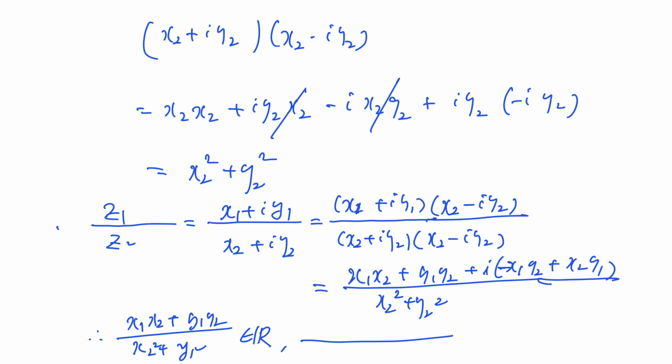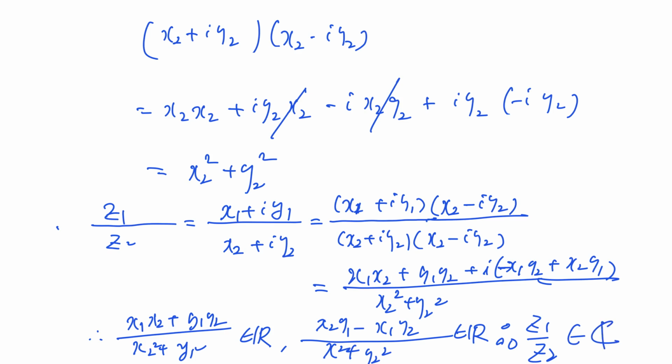And (x2 y1 minus x1 y2) over (x2 squared plus y2 squared) belongs to R. So therefore, z1 over z2 belongs to the complex numbers. So we just checked that this complex number system is closed under the basic arithmetic operations, and therefore you can define any functions.